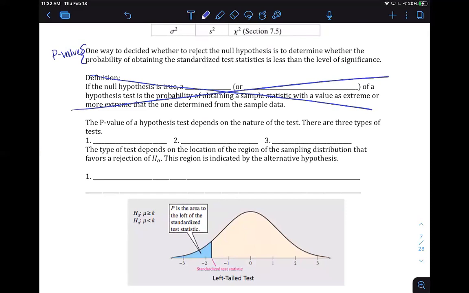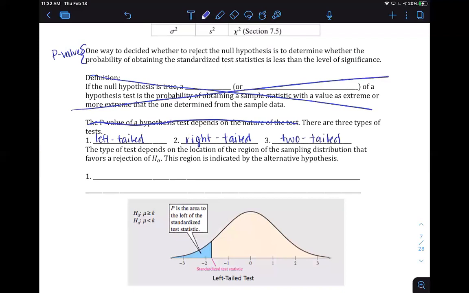Okay, but there are 3 types of tests. This part will be true for rejection regions. We have left-tailed, right-tailed, and two-tailed.